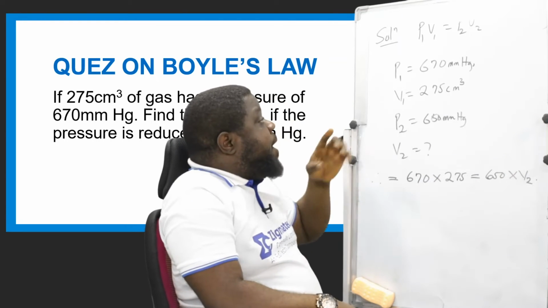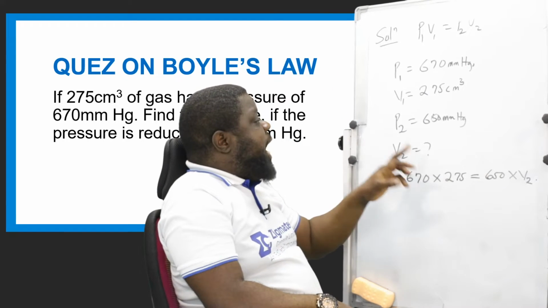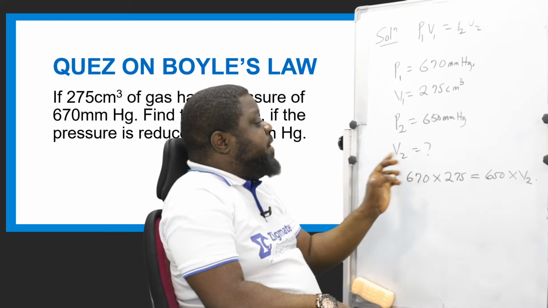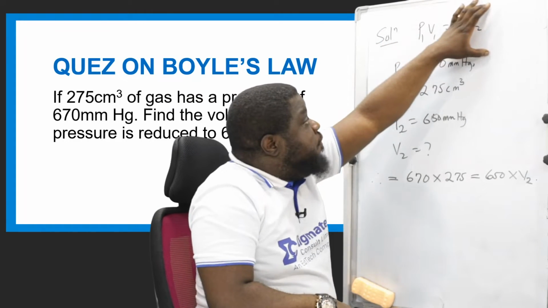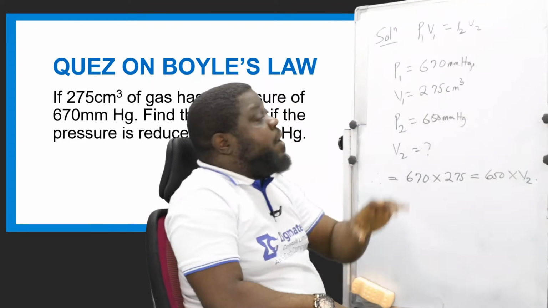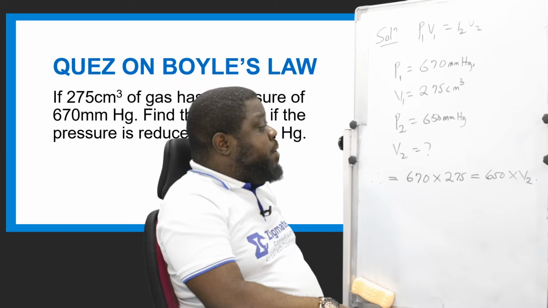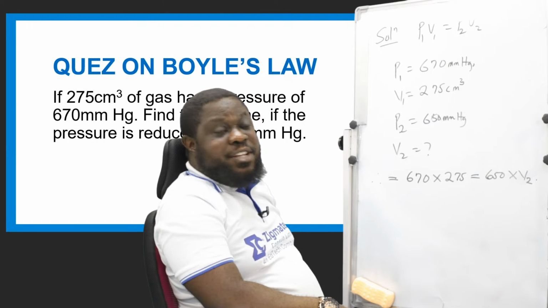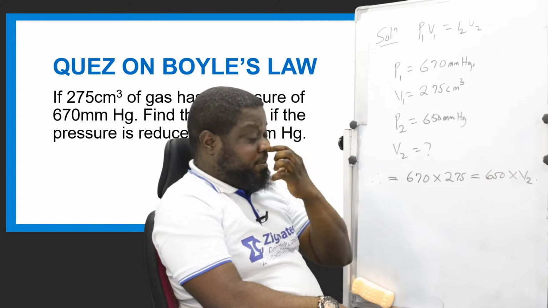Because our P1 is 670, our V1 is 275, our P2 is 650, our V2 is unknown, following the rule and the formula for Boyle's law. Now, our V2 will be what?